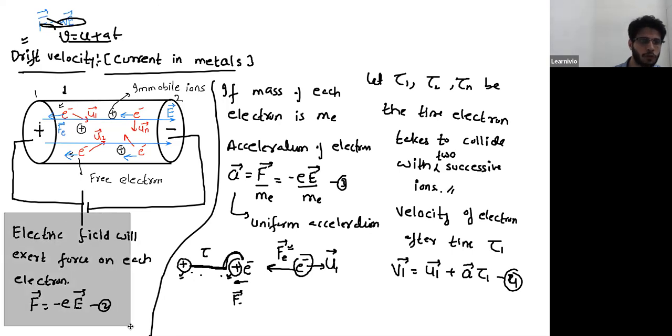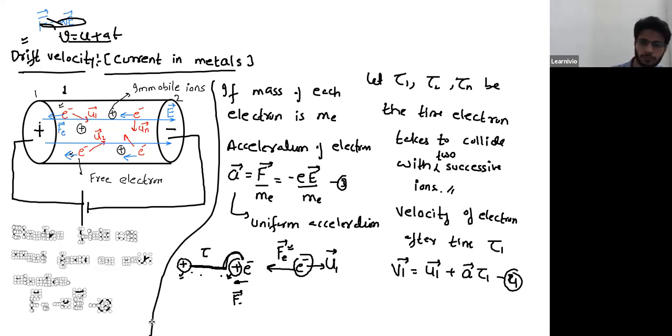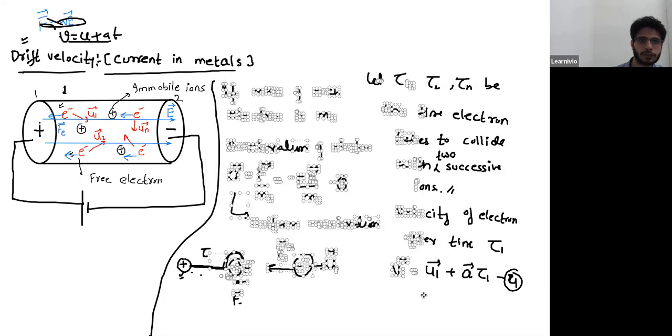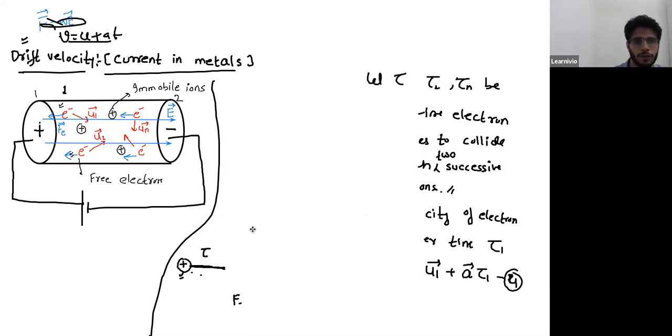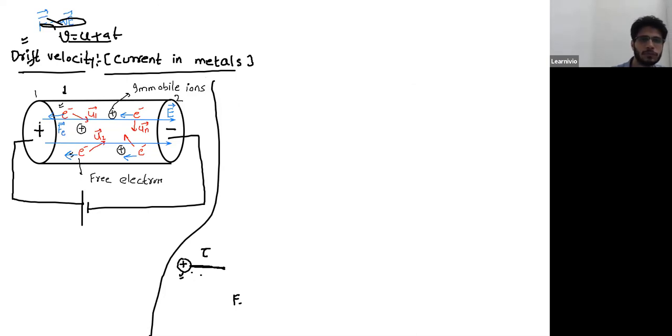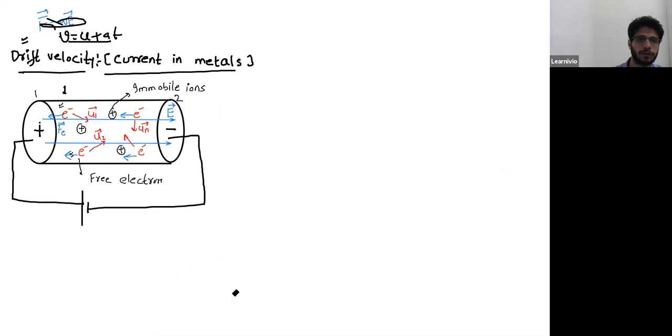So Jabana, how would you calculate V2? U2 plus A tau 2. Right.